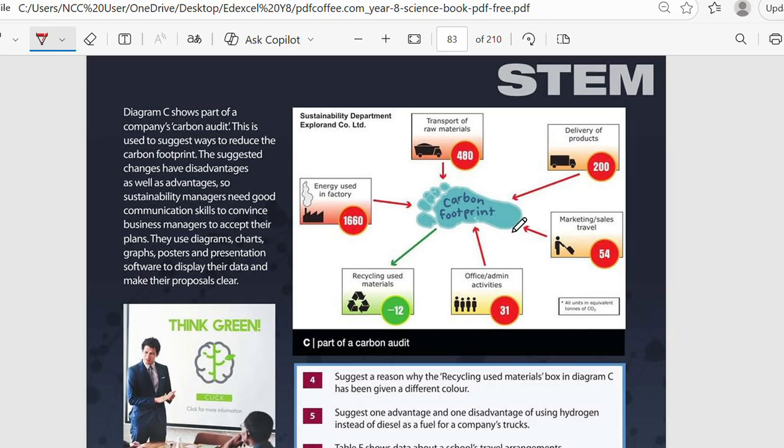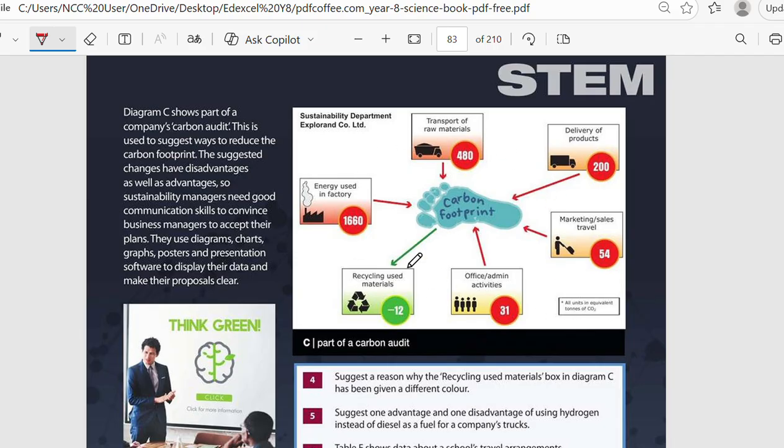Now in this one you see the carbon footprint of this company. You can see the red color means the energy used in the factory. See what a lot of energy is used and how much carbon footprint is emitted there. Then transport of raw materials, delivery of products, marketing and sales and travel, then office admin activities. All units in equivalent tons of carbon dioxide.